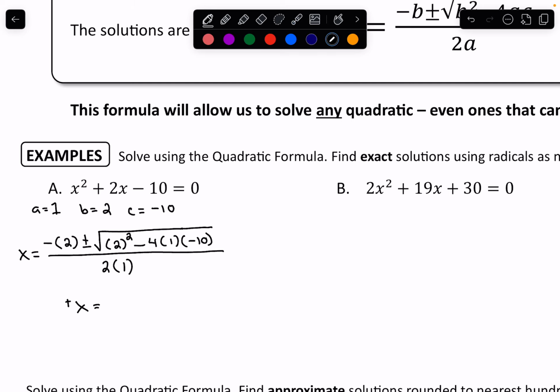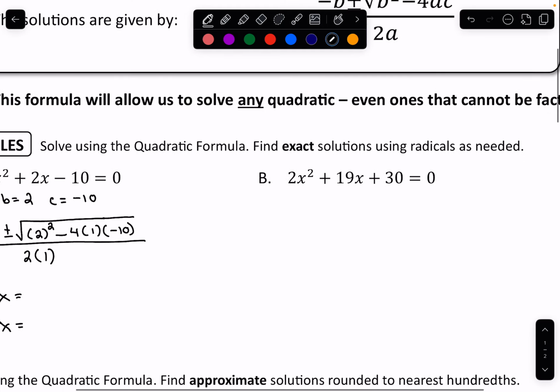I'm going to type in the whole thing one more time, and that's going to give me a second answer for X. That tells you the solutions to this quadratic equation without having to do the big X method and all of that. No factoring, no nothing. You get two answers.